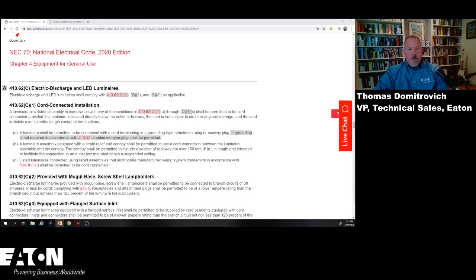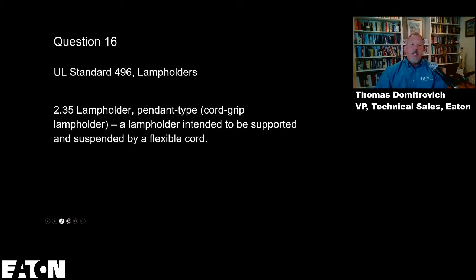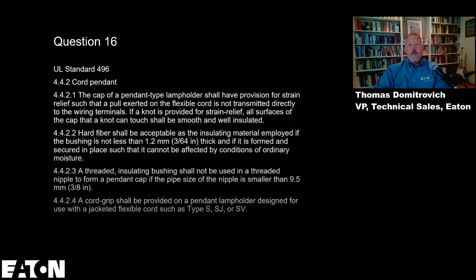Now, I will say that if we look at the UL standard for lampholders, it tells us that a lampholder pendant type is a lampholder intended to be supported and suspended by a flexible cord. So you will have a listing, and it will be tested as a pendant type lampholder. UL 496 has requirements around how we test and the performance requirements around the listing of these types of solutions.